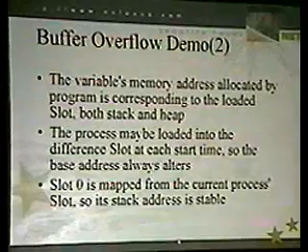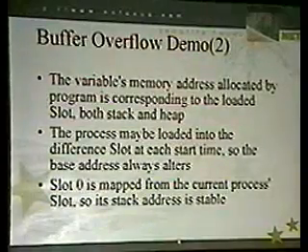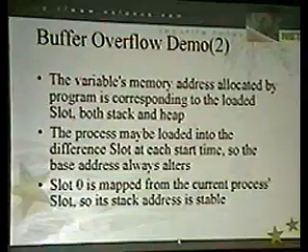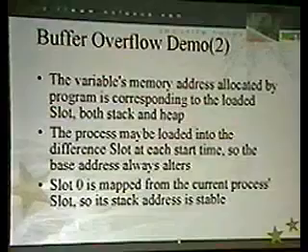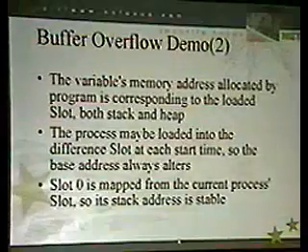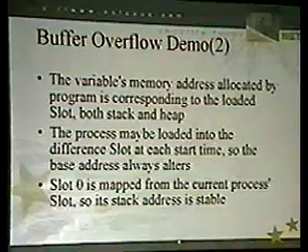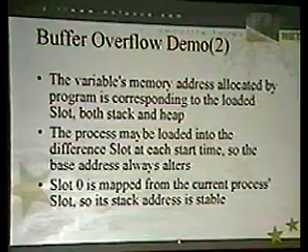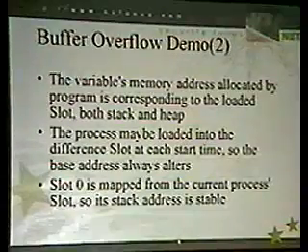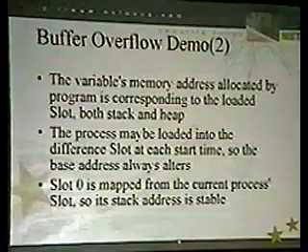The variable's memory address allocated by the program corresponds to the loaded slot, both stack and heap. The process may be loaded into a different slot each start time. So the base address of the slot always alters.